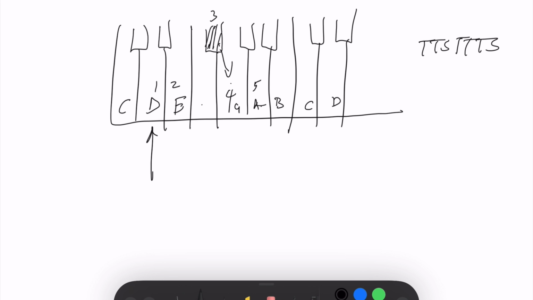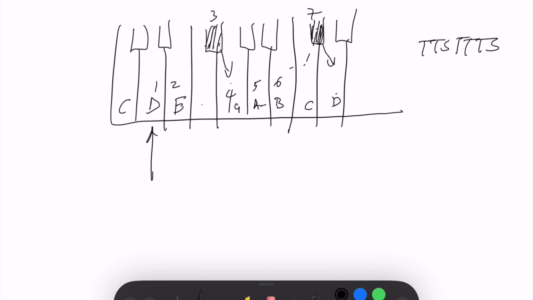Between the fifth and the sixth is a tone. So we write it there, sixth. Between the sixth and the seventh is another tone. But in this case, we have a semitone. So to get a tone, we will take C sharp. Again, this will be our seventh note. And lastly, seventh to eighth is another semitone, which will be D.